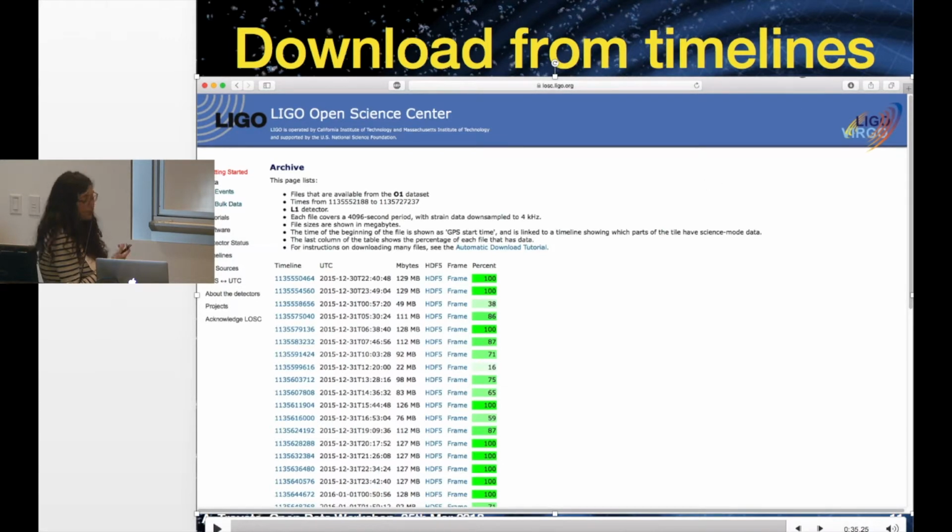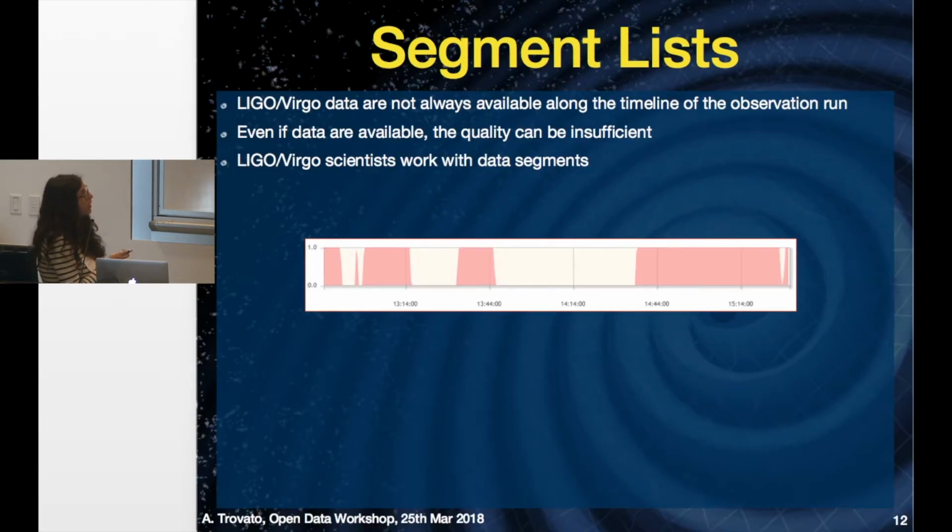So, as you have guessed already, the detector is a complex detector, which means that it's not 100% active all the time. There are moments where the data is not in science mode, and there are moments where, even if it's running, the quality is not sufficient.